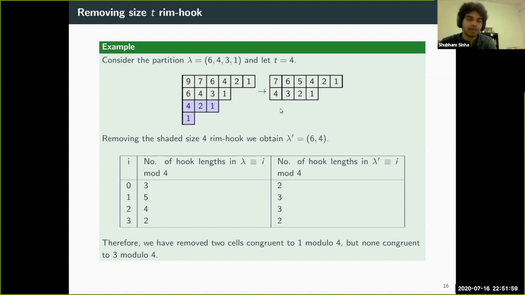As I said earlier, the number of hook lengths that are 0 mod 4 decreases by exactly 1, which is good. But that may not be the case in other situations. For example, for 1 mod 4, it drops from 5 to 3, so it drops by 2, while for 3 mod 4, it doesn't drop at all.